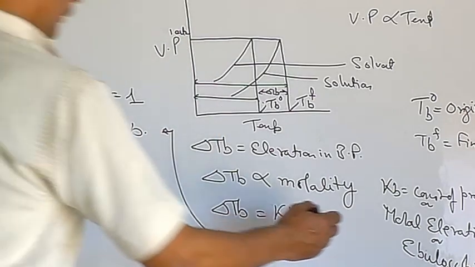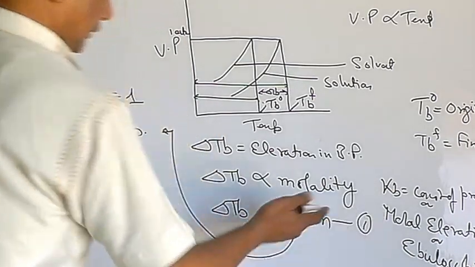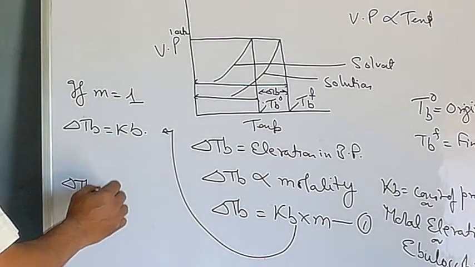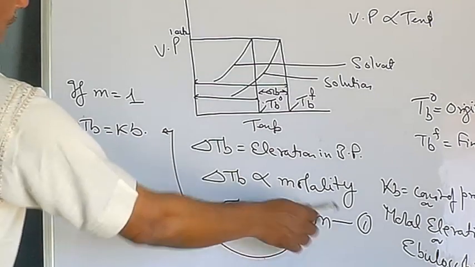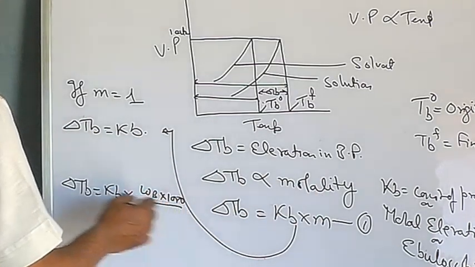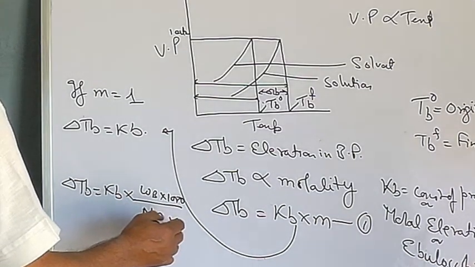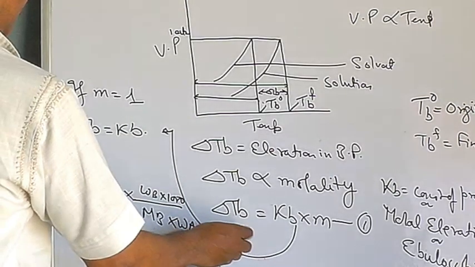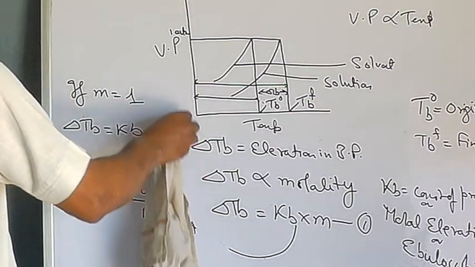Let us call this equation number 1, and now opening equation 1, we get delta TB equals Kb, and then I write the expression of molarity: Wb into 1000 upon Mb into Wa. So class, this becomes our expression for elevation in boiling point.